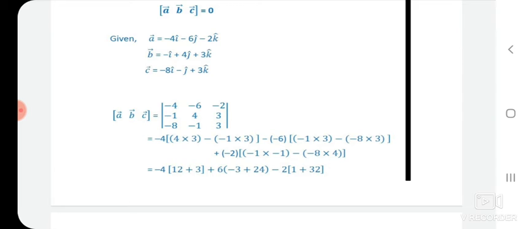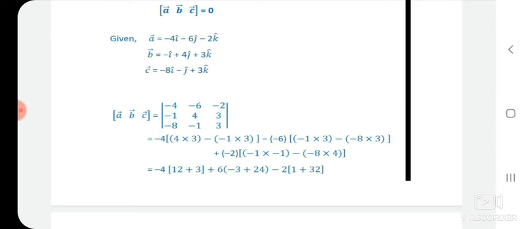If we solve that determinant, it is equal to minus 4 into (4 into 3 minus minus 1 into 3), minus minus 6, which becomes plus 6, into (minus 1 into 3 minus minus 8 into 3), plus minus 2 into (minus 1 into minus 1 minus 8 into 4).